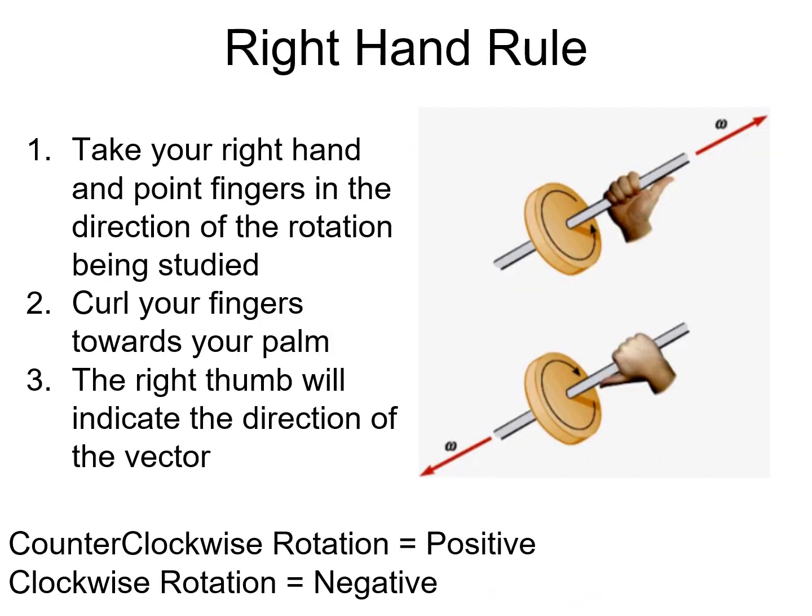Now, how can you tell if angular motion is positive or negative? Generally, we consider counterclockwise rotation to be positive and clockwise rotation to be negative. There is no real great reason for saying this.